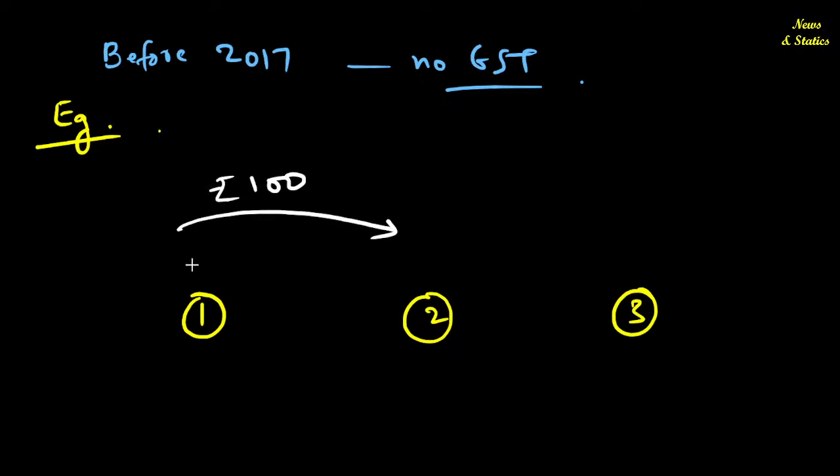Now he will have to add a GST percent. Say the GST is 10%. So he is selling it at a price of rupees 110.